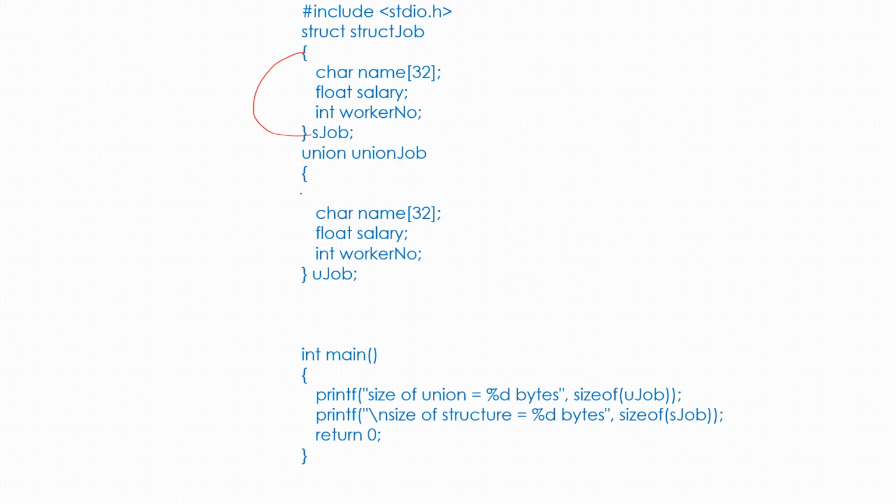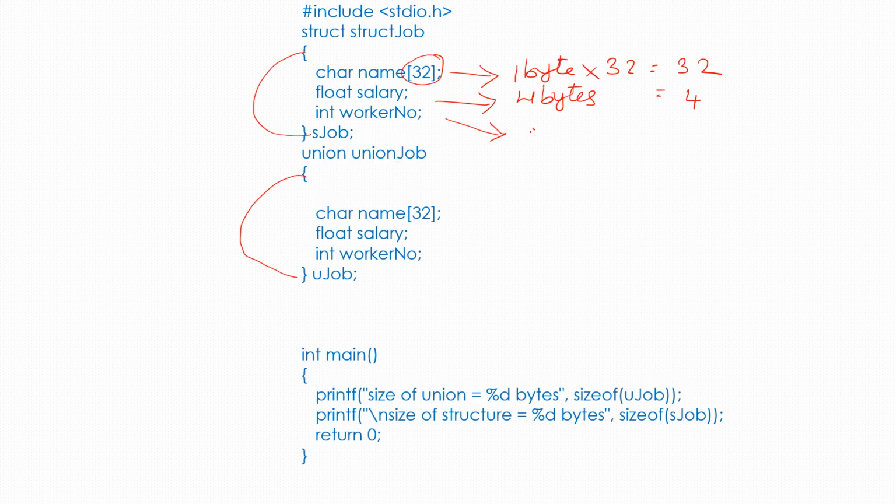This is the declaration of the structure, and this is the declaration of the union. So what happens here? When we have a structure, remember how many bytes are occupied. A character is occupied by 1 byte. So name of 32, 1 byte into 32, this is equal to 32. And salary, the float, will occupy 4 bytes. And int worker number: an integer will occupy 2 bytes.